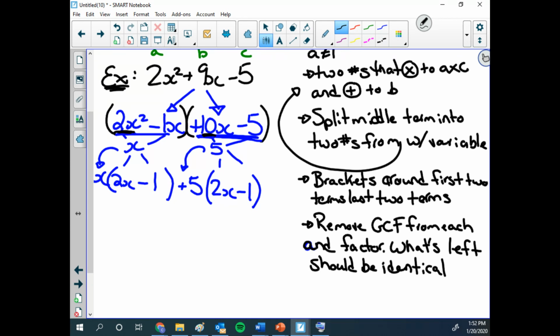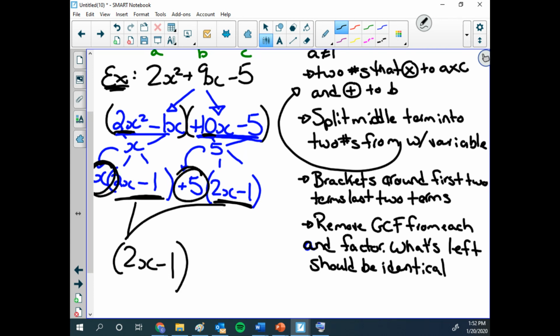And so if that's identical, essentially what's happening is we're removing that as my greatest common factor. So these become one set of factors, 2x minus 1. And what's left in front, x plus 5, becomes my other set of factors if I remove that as if it was the GCF.